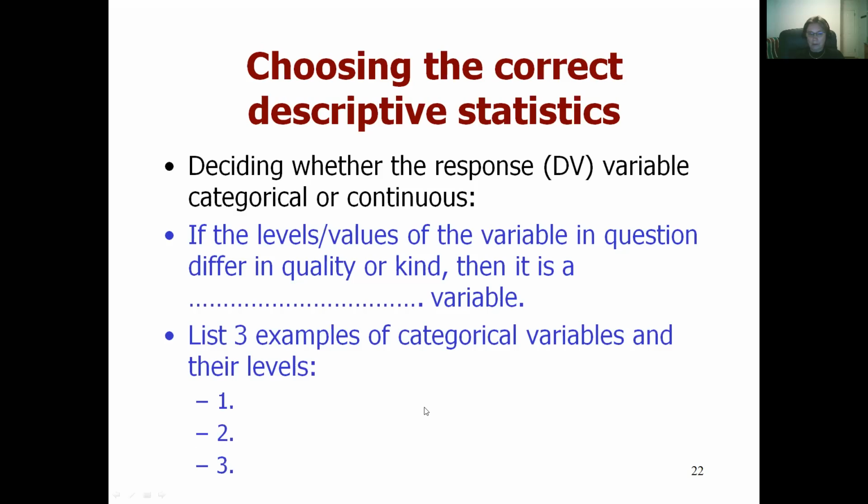Now I'm asking you to quickly give me 3 examples of categorical variables and their levels. Vanessa, let's have you do the first one.